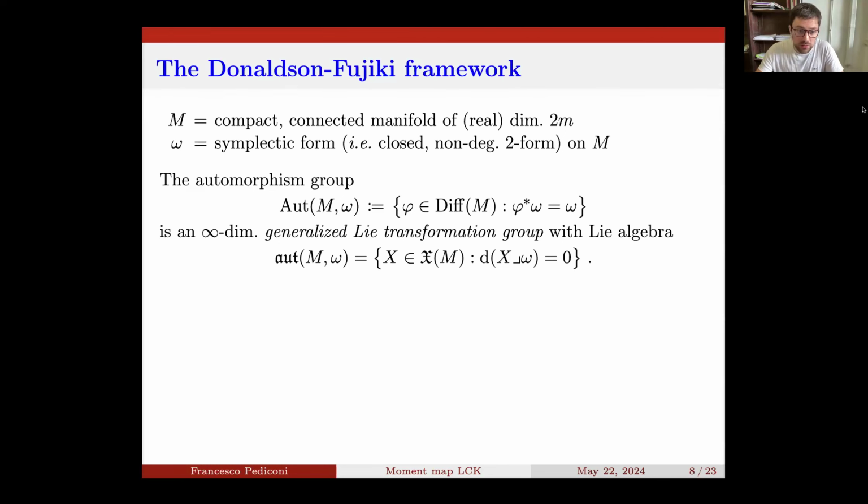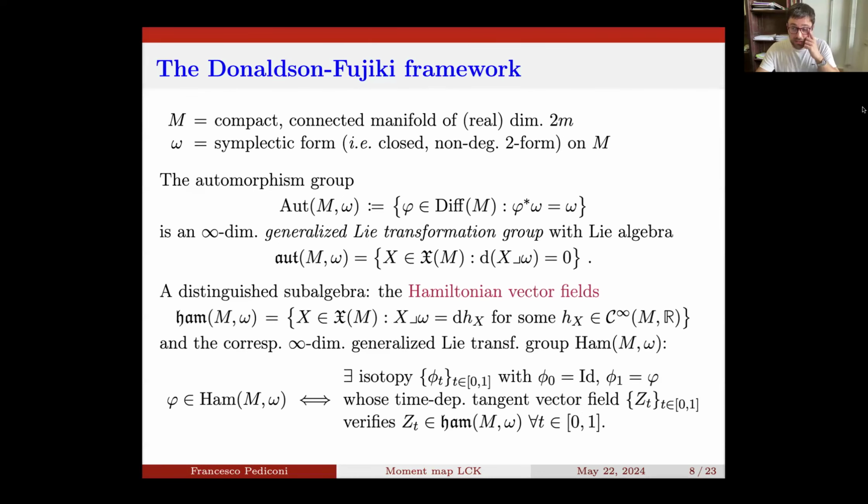Well, in general M is not simply connected, so the one-form given by the contraction of X with ω is not going to be exact. So what you can do is consider a distinguished subalgebra of the so-called Hamiltonian vector fields, those infinitesimal automorphisms of the symplectic structure that admit a potential, so that the contraction of X with ω is actually given by the differential of a smooth function on the manifold.